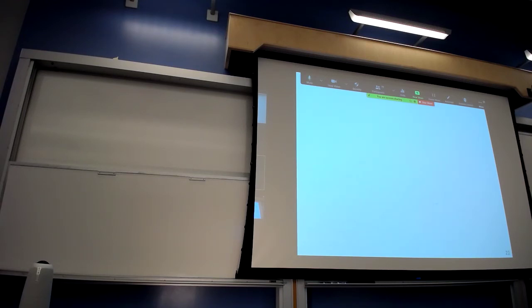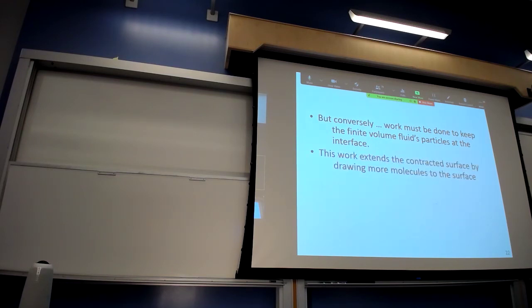So we talked about that. Again, work must be done to keep the finite fluid volumes' particles at the interface. And this work is what's extending the surface or bringing other molecules to the surface if molecules at the surface leave the surface.